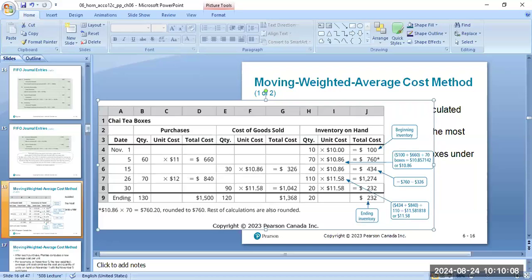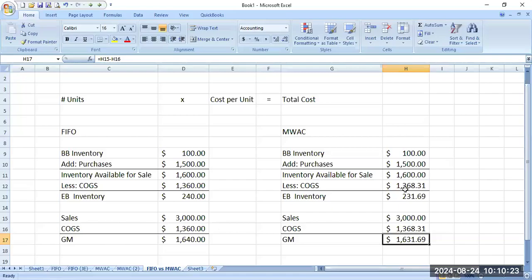Now, as you can see, they rounded the numbers here. We haven't rounded numbers in our calculation. Let's see what's going to happen if we have to round up numbers in our calculation. Are we going to get the same numbers that they're getting on the slides? Very easy. We can easily come here and round those numbers. How are we going to round them? Just moving decimals, and the number is going to round itself. So we have 1,368 versus ending balance 232.